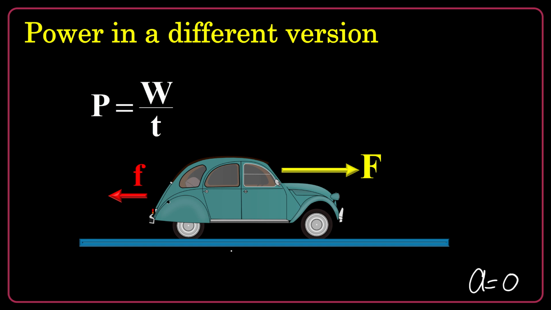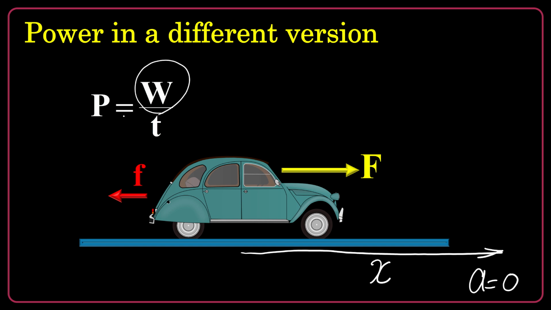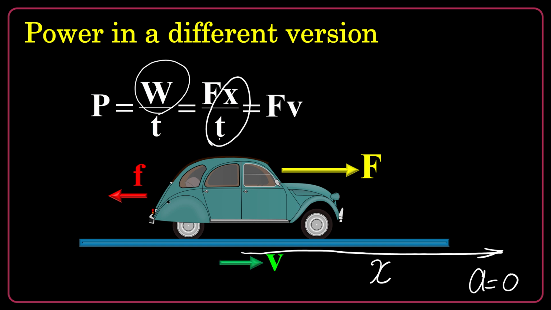Acceleration is 0. And at a time t, the car will displace x meters. So the power is the work done by the forward force, force times displacement divided by time. As the speed of the car is constant, x over t is going to be v. This is the power developed by the car, this is the driving force, and this is the constant speed of the car.